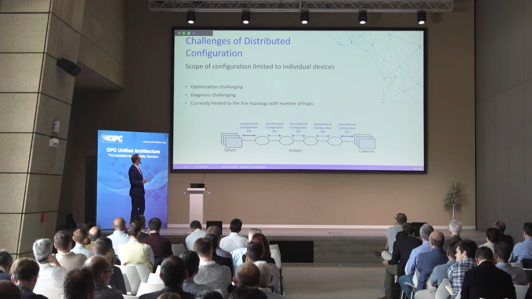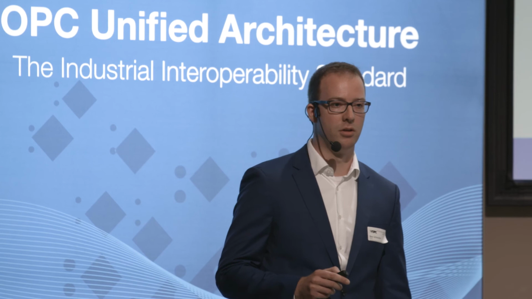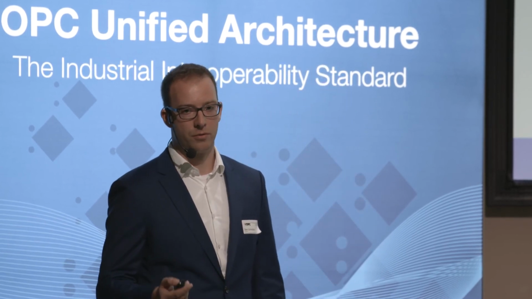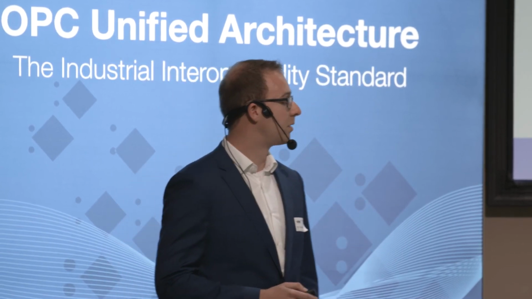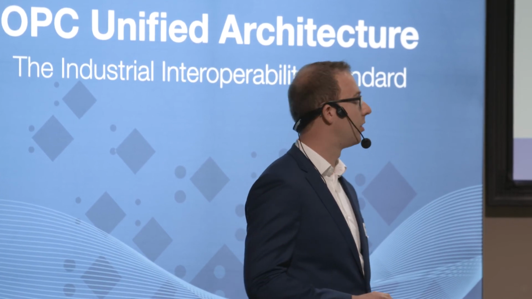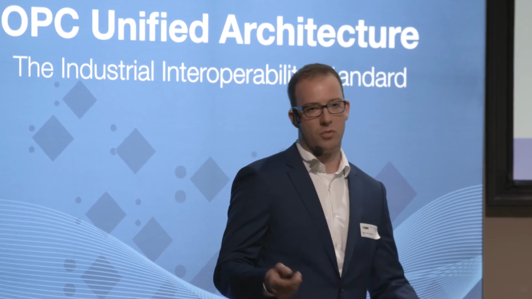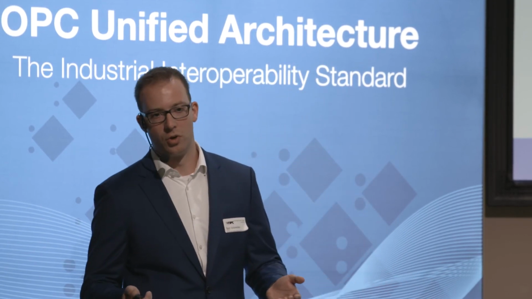The same holds for the diagnosis. What happens if the first, the second, and the third bridge in a row are configured correctly and the fourth bridge then suddenly is not able to configure itself correctly? Of course it can send some kind of failure report to the other bridges, but as they don't know the configuration of the last bridge, they also do not really know what happened there.